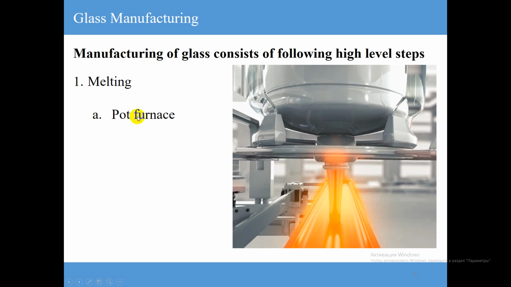Melting can be in a pot furnace or tank furnace. Apart from the above basic raw material, broken glass, cullet, is added to the mixture to the tune of nearly 25%, which acts primarily as flux. The flux in a batch helps in reducing the melting point of the batch, thus reducing the energy consumed to carry out the process.